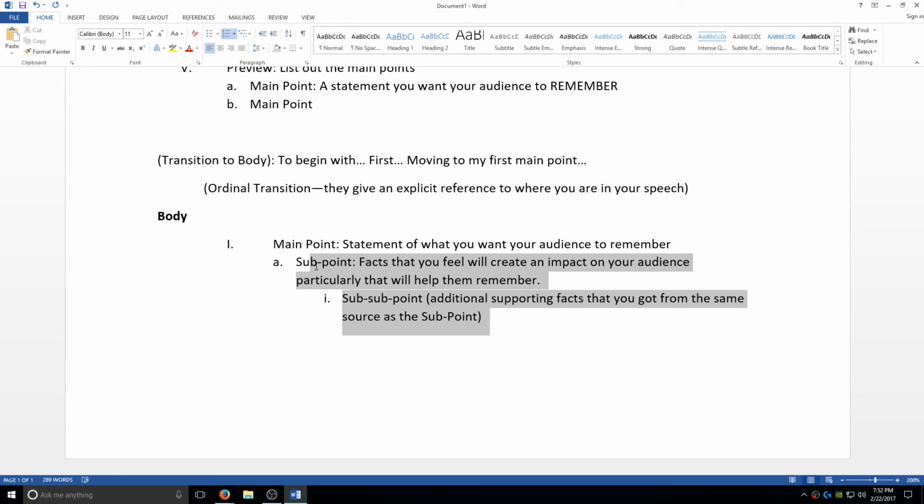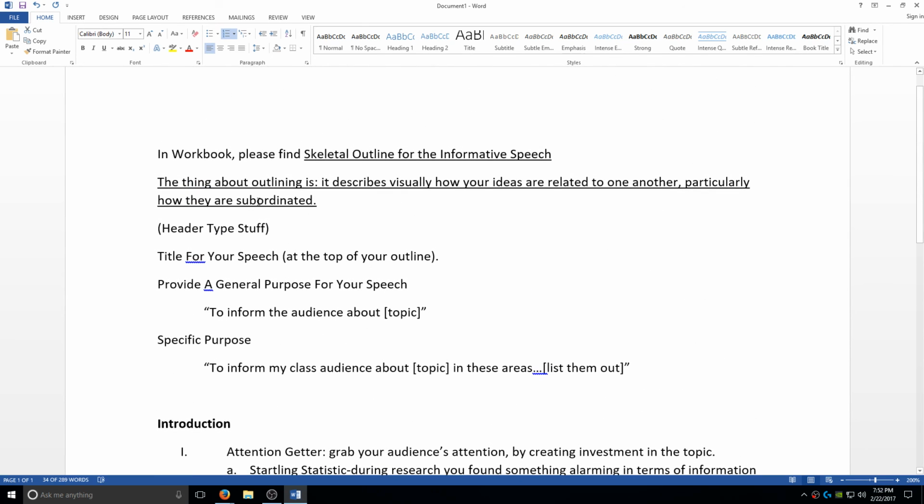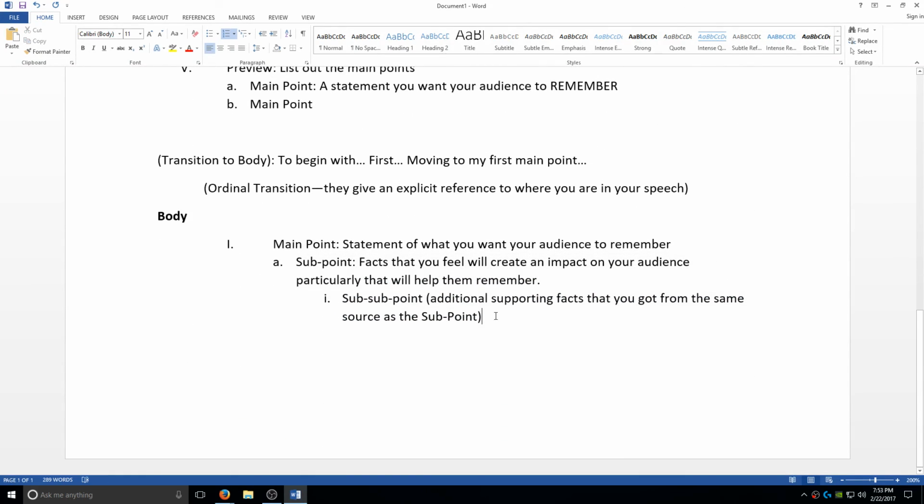But again, what exactly is a subpoint and a sub-subpoint is kind of up to you guys. It really is. The important thing to remember is that it describes visually how your ideas are related to one another. So the important thing is that this information here doesn't get mixed up with this other totally different main idea, right? So maybe we had 2 things we wanted our audience to remember. One is that Stan Lee is a cultural icon, and the other one is that Marvel Comics are good for the economy, right?